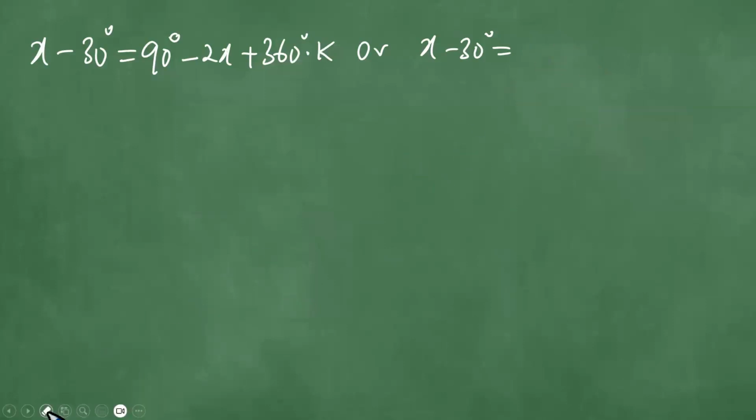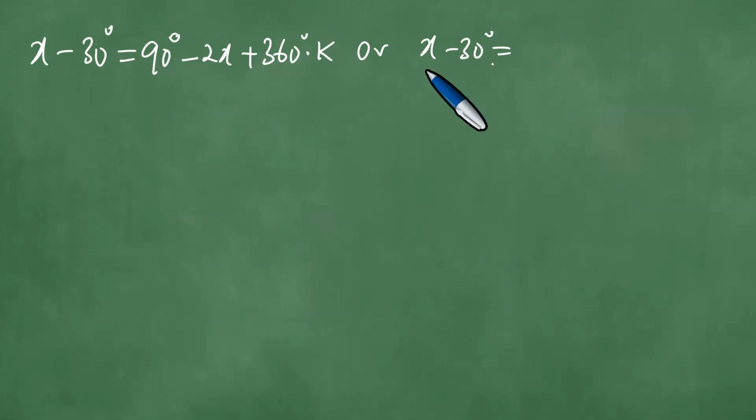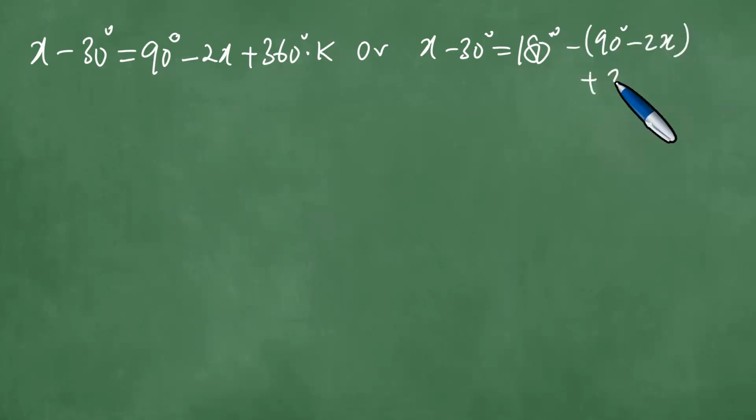The sine is positive in two quadrants. It's positive in the 90 minus quadrant, which is the first, but it's also positive in the 180 degrees minus (90 degrees minus 2x) plus 360 degrees times k, k in Z.